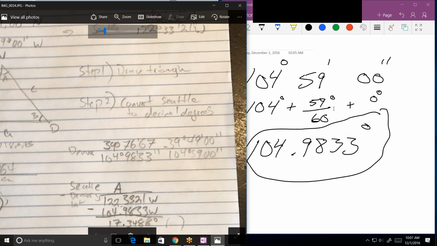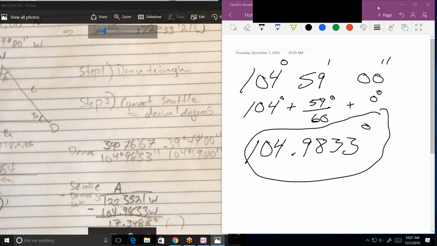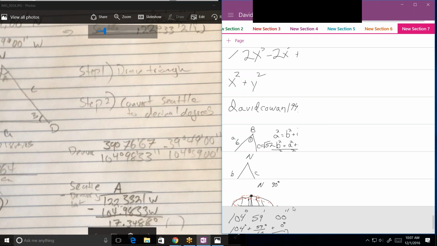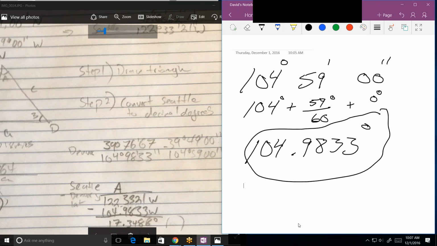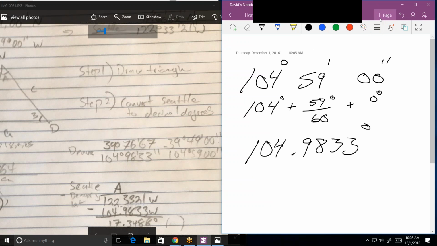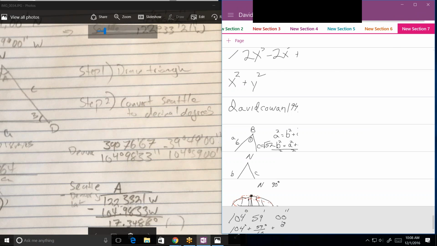Okay. And if we had some number of seconds, we would have to convert that to a part of a degree. Well, on the Seattle problem, that's what we had. I haven't quite figured out this problem yet.